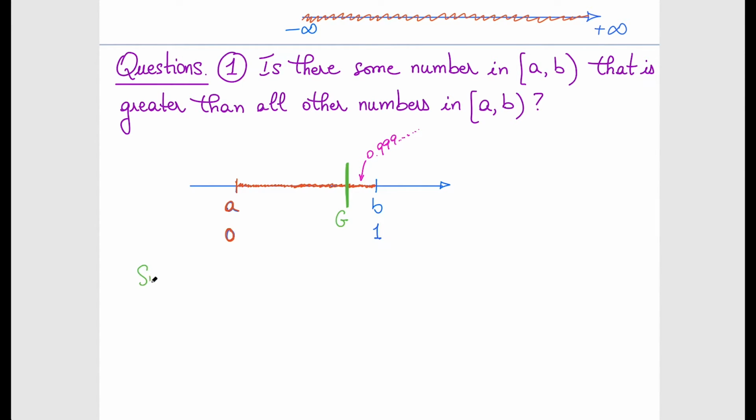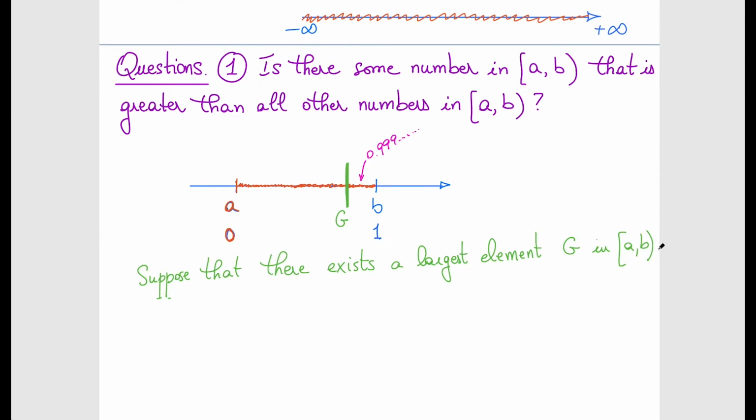So let's suppose that there exists a largest element, call it G, in AB. So G has to be between A and B like this.